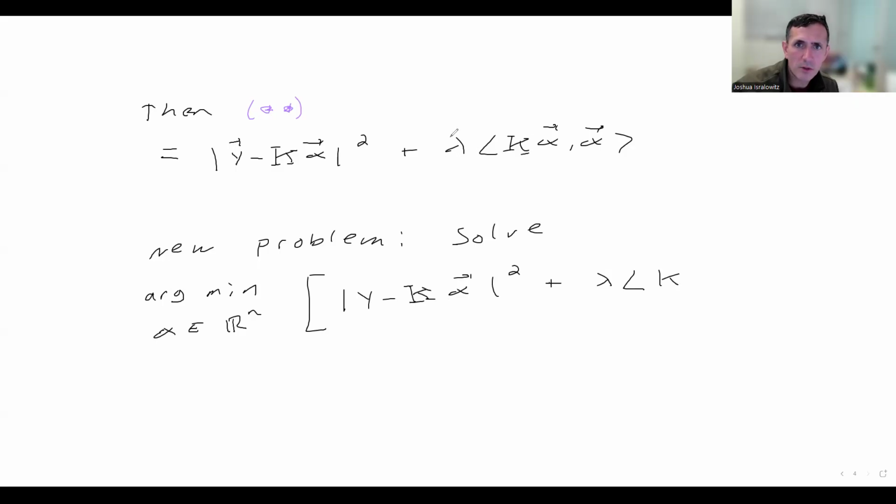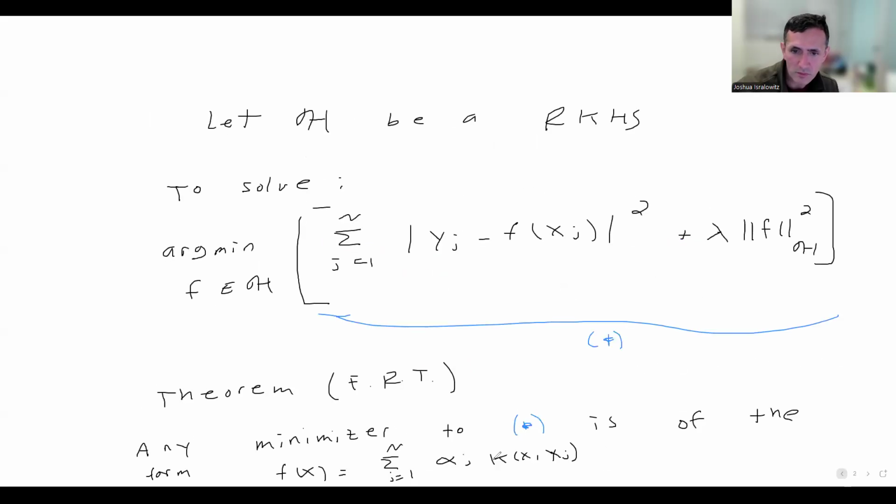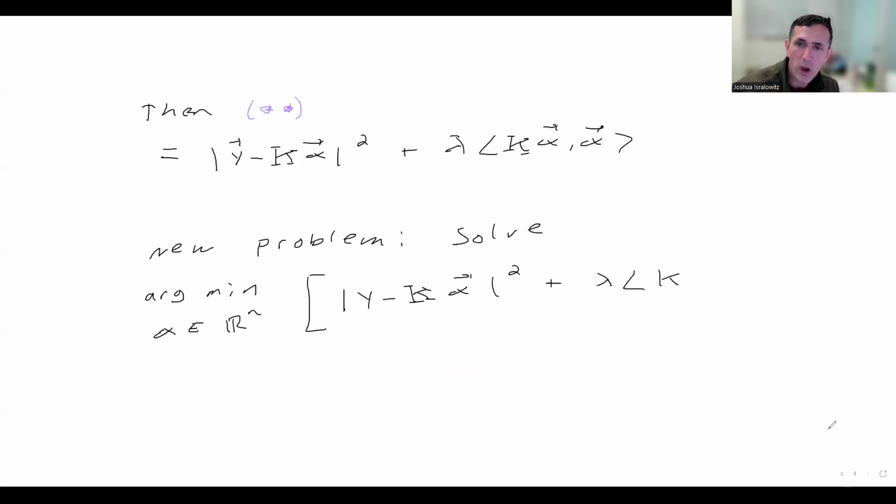Something to keep in the back of your mind is that this here is always going to be bigger or equal to 0 because it's equal to lambda, the norm of f squared, if f is of this form. Look at that in a minute.